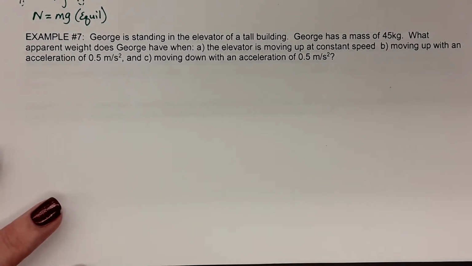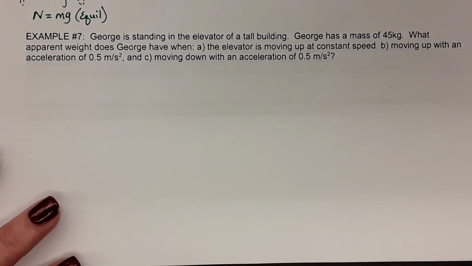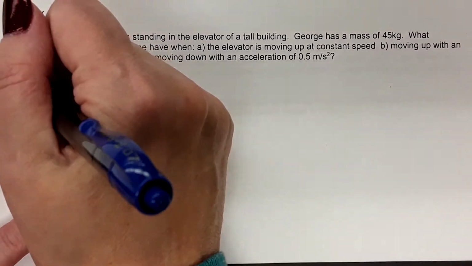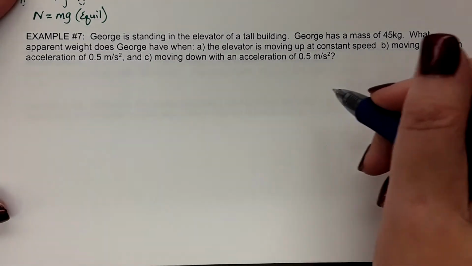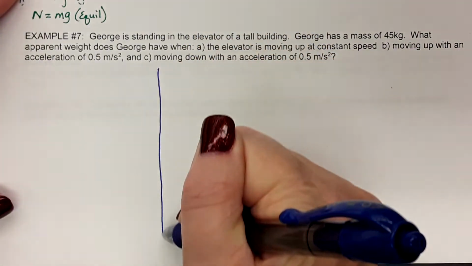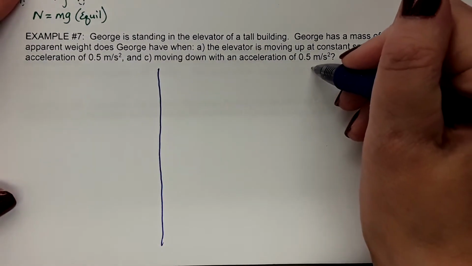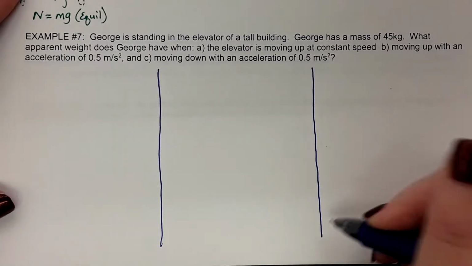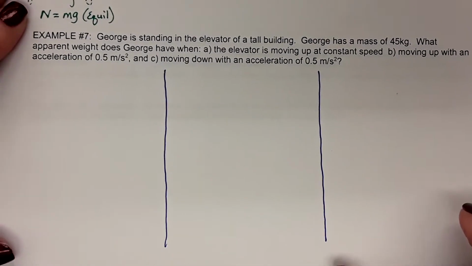Because in each of those cases, the normal force is not necessarily the same as your true weight, which means what you feel will be different. So let's start by simply taking our paper and marking it off into 3 sections, 1 for each part. That gives us plenty of room.